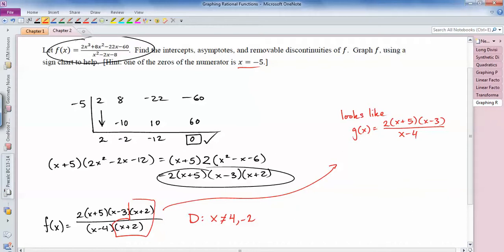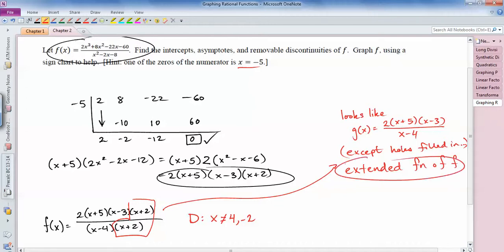So let me write: except holes filled in. This type of function, where you cancel out those terms, is called the extended function of f. We'll keep this on the side for now.